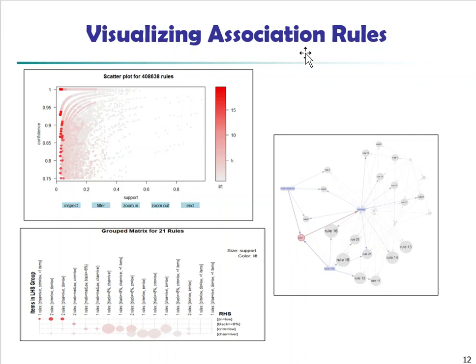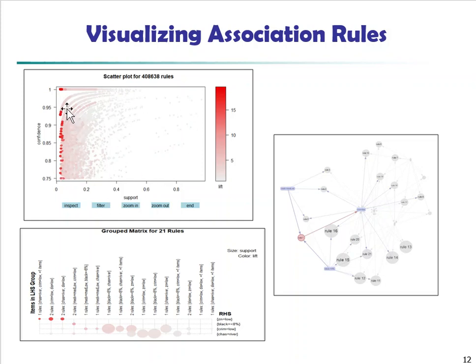Therefore, we need very powerful visualization tools to help us pick the best association rules that we want to examine, because there's just too many. Look at all those dots. This is 408,638 rules. Those are all covered in this graph.